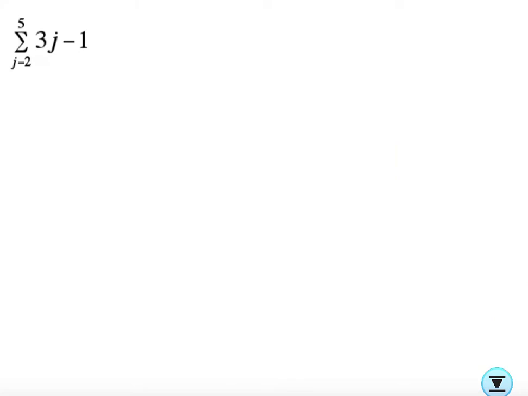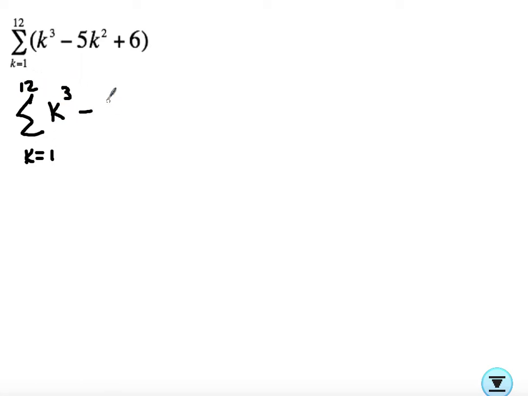All right, one last one. This one, okay? I'm going to break this up because I have parentheses. I can give that summation symbol to all of these terms individually.